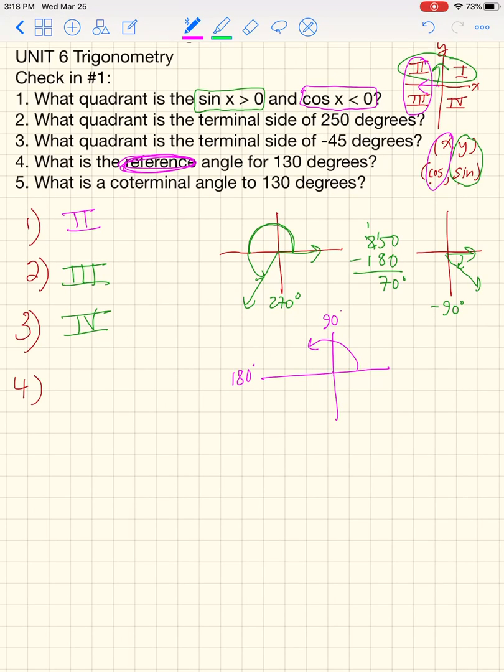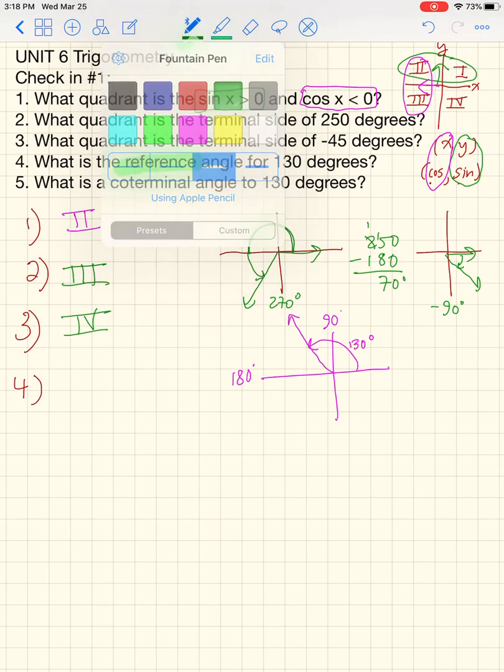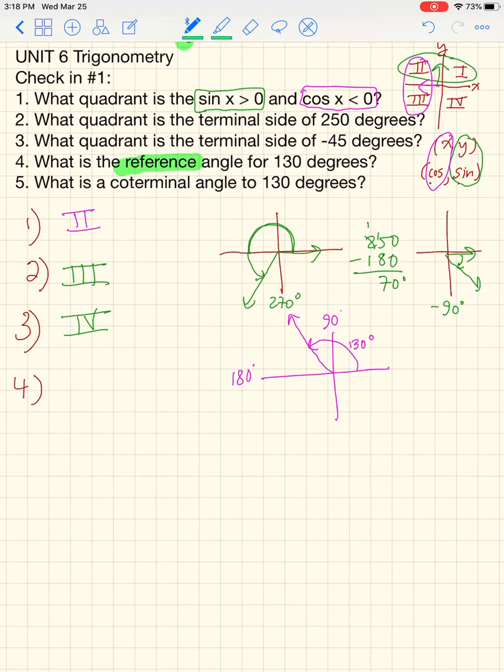So the reference angle is how far you are from the x-axis. So how far is this distance from the x-axis? That's your reference angle. So 180 and 130 have a difference of 50, so you can just say 50 degrees there.